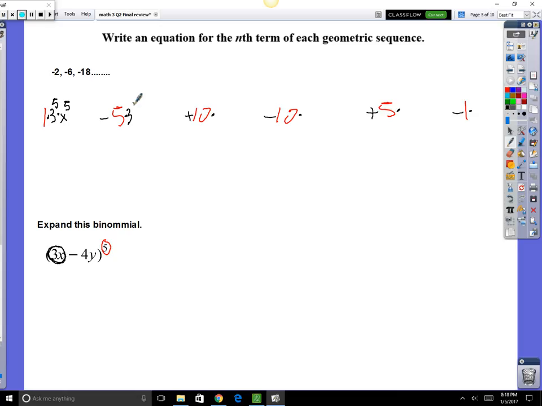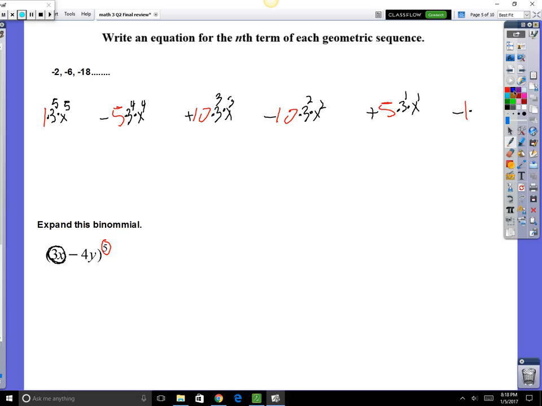And you're going to times 3 to the 4th times x to the 4th. And you're going to times 3 cubed times x cubed times 3 squared times x squared times 3 to the 1 times x to the 1. And the last one, there's zeros, so we don't need them.